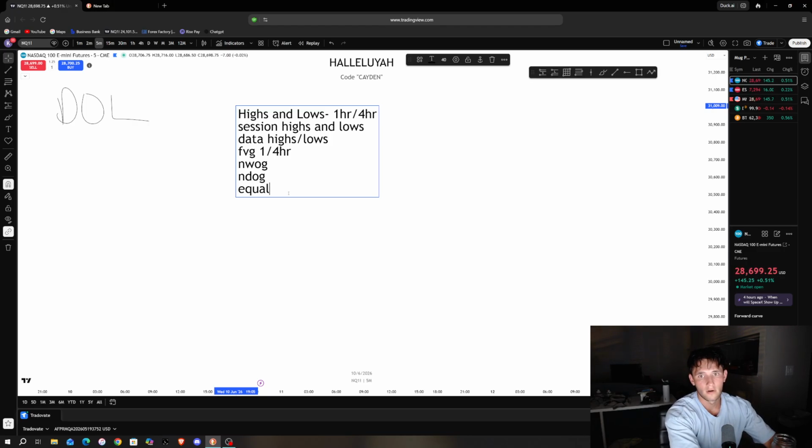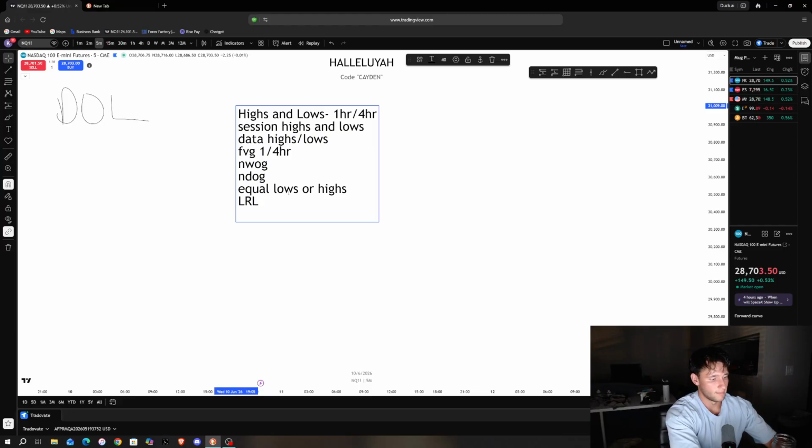Equal lows or highs, low resistance liquidity, LRL. I'm cooked right now, can't spell.